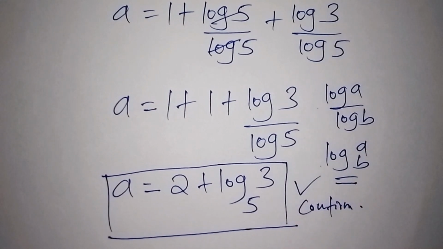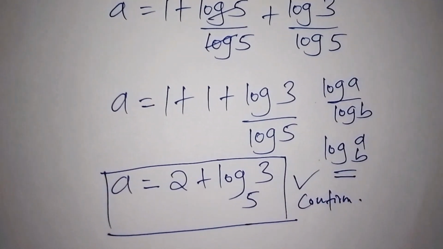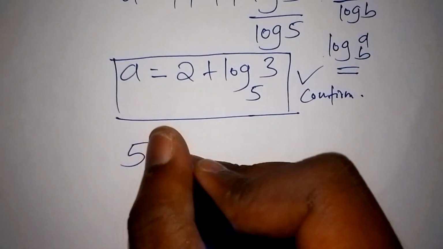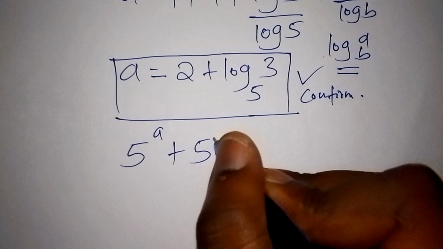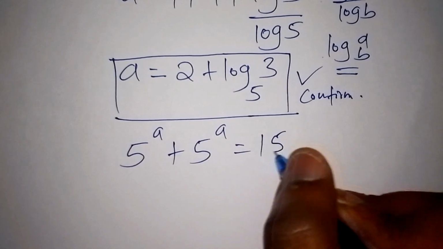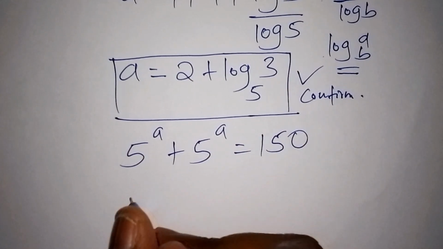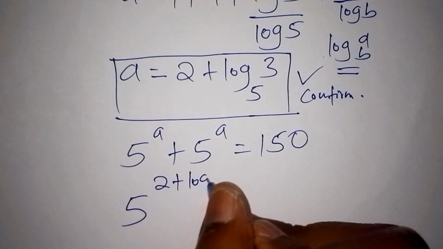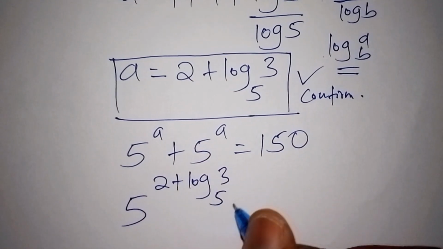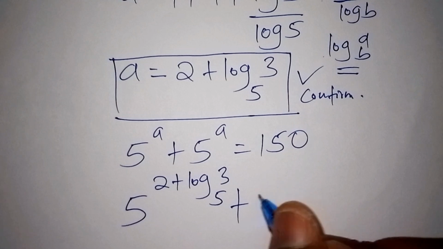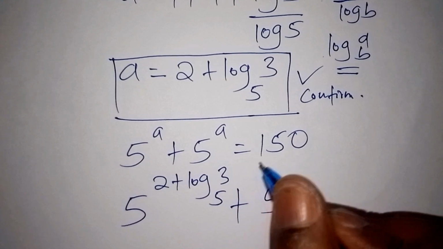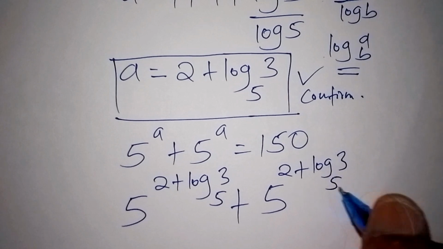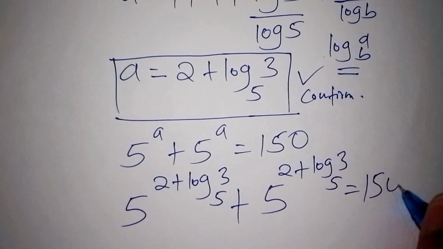This was the maths problem that we had. We had 5 to the power of a plus again 5 to the power of a is equal to 150. Now a is 2 plus the log of 3 to the base of 5, so we have 5 to the power of 2 plus the log of 3 to the base of 5, plus again 5 to the power of 2 plus the log of 3 to the base of 5, is equal to 150.